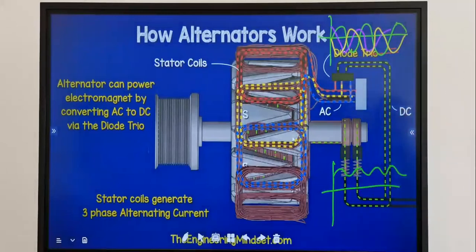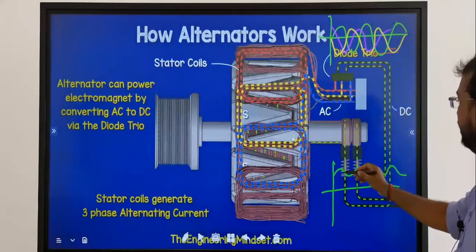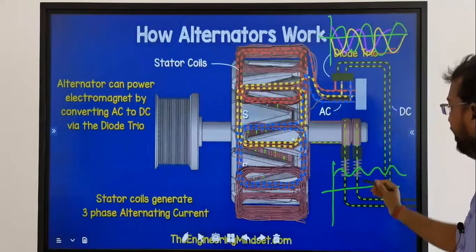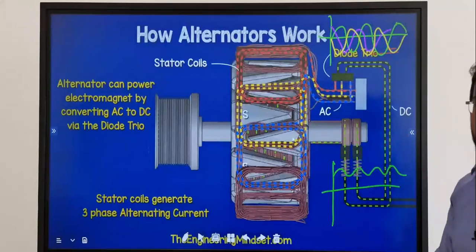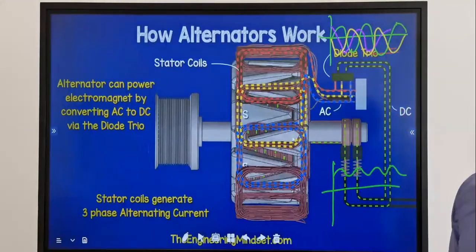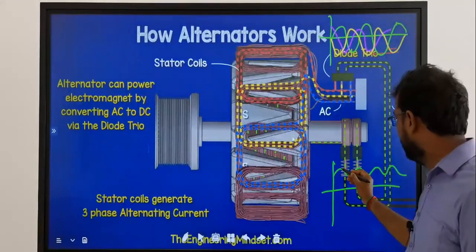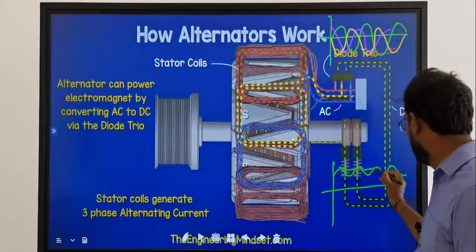When the current flows through the diode, it keeps only the positive part, so it comes like this. But here there is a gap, and this is filled up by the capacitor. A capacitor is used here. The capacitor stores and gives the current, so then it comes like this.